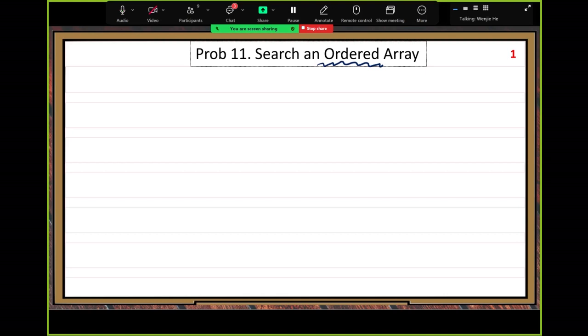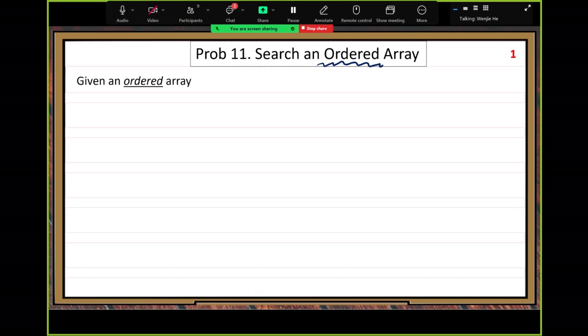But the big problem is if the array is not ordered, it's very likely you get a wrong result. So first you need to check the condition, ordered or unordered. If it's unordered, you can only use the linear search.